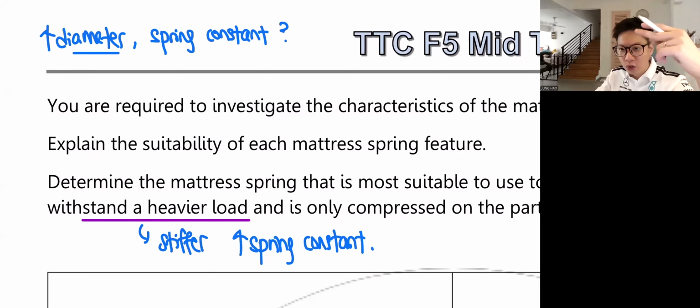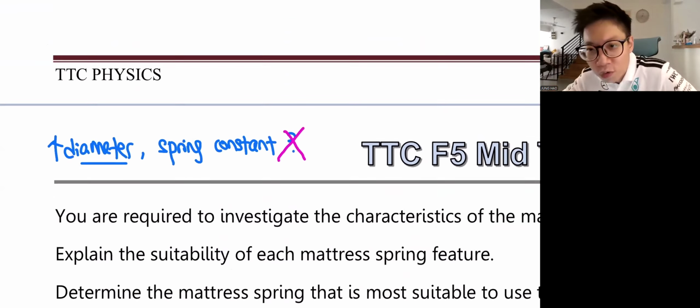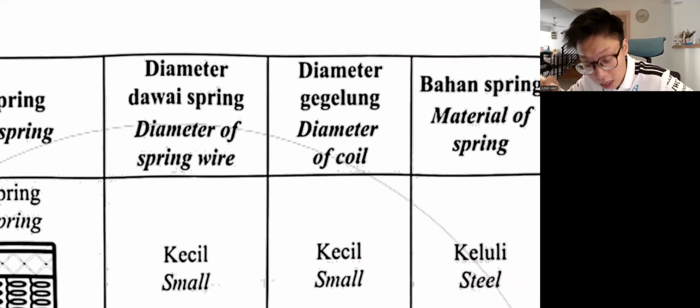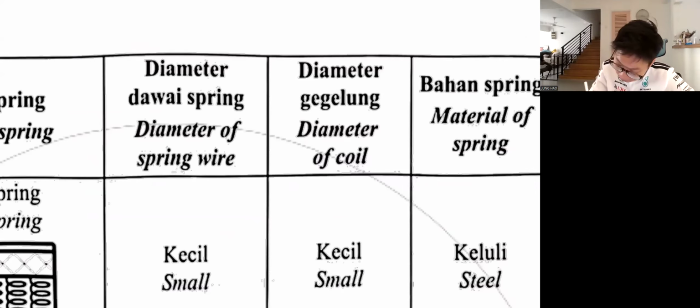Okay. Only two people correct. Wen Si correct. Kai Huai correct. The answer is don't know, because I never told you what diameter. We have the diameter of the spring wire. We also have the diameter of the coil. So which one? Are you talking about wire or coil?